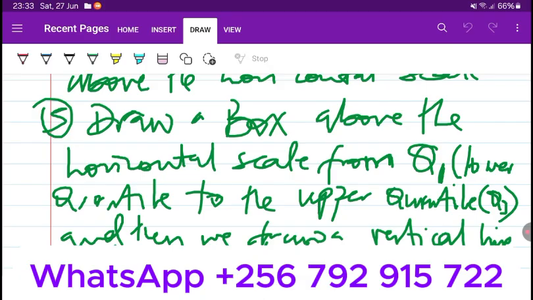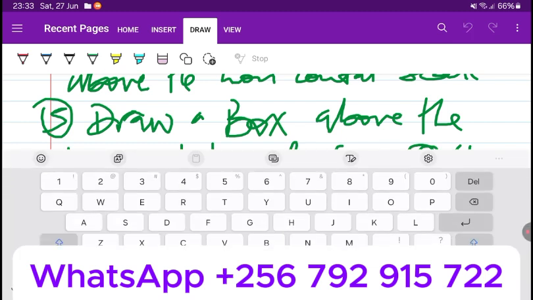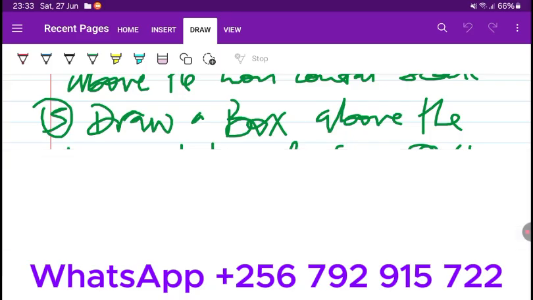Then finally, these are the ones we connect with what we call the whiskers, from the box to the minimum, and from the box to the maximum entries.